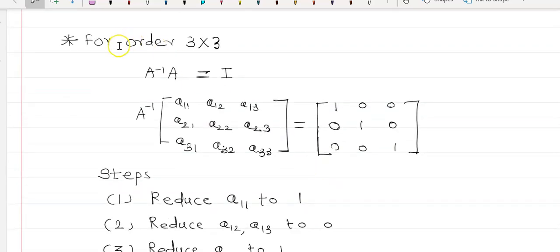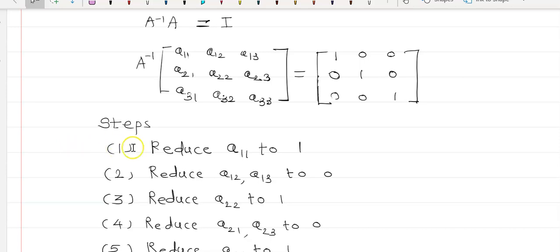For the order 3 by 3, A inverse into A is equal to I. A inverse, A11, A12, A13, A21, A22, A23, A31, A32, A33, and 1, 0, 0, 0, 1, 0, 0, 0, 1. Now the steps are: reduce first A11 to 1, A12 and A13 to 0.